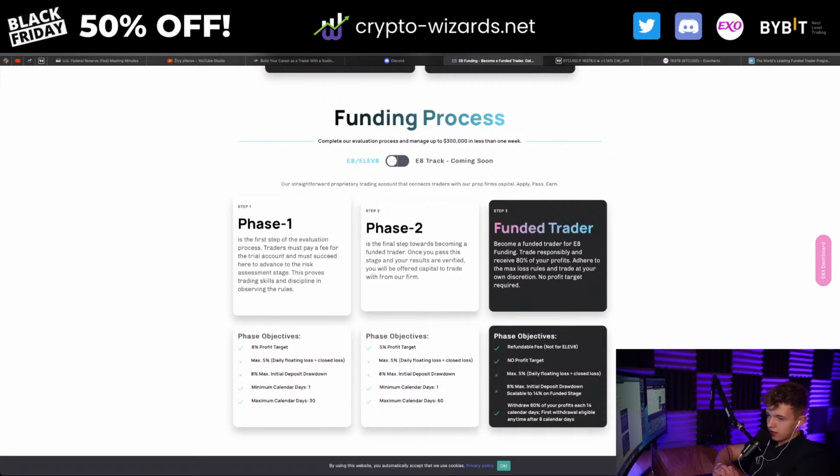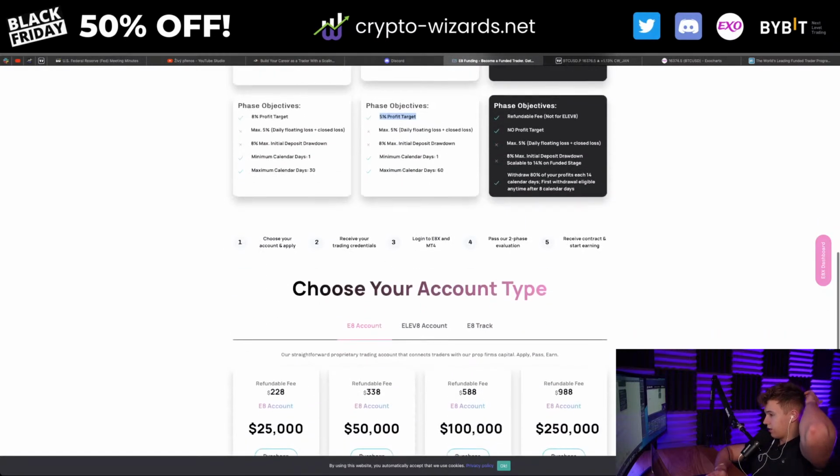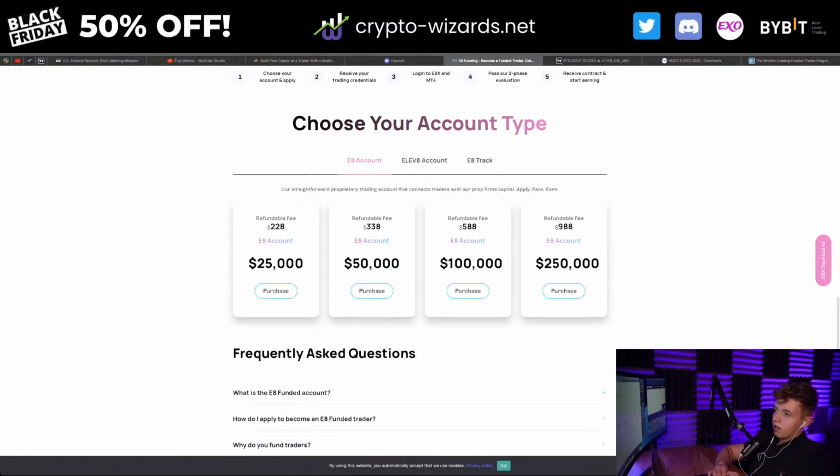Okay, here the advantage is that you don't have to wait the 10 trading days. That's good. Here 5 and maximum 60. Okay, so it's very similar. And it's actually the most expensive one, it seems.